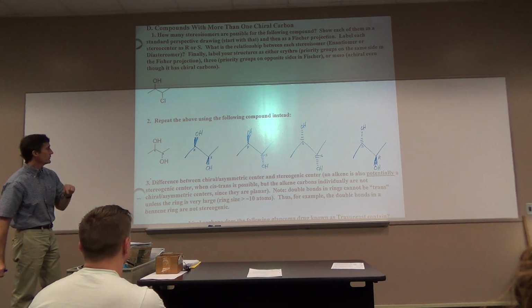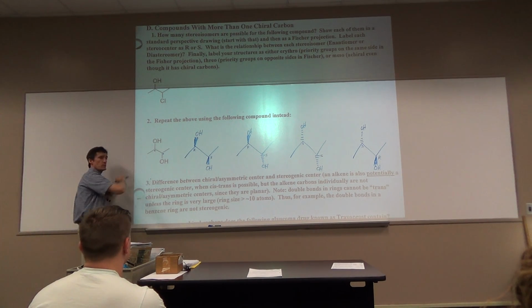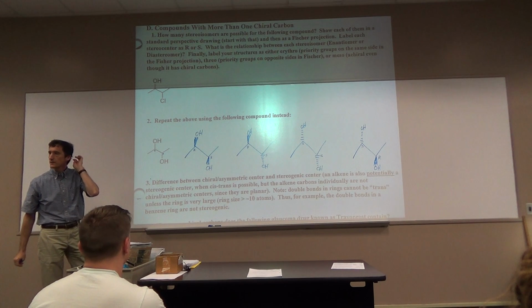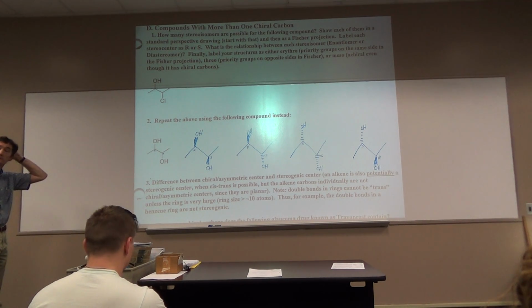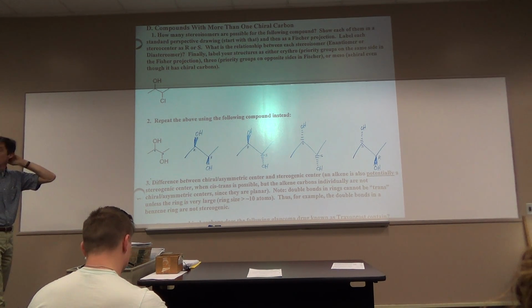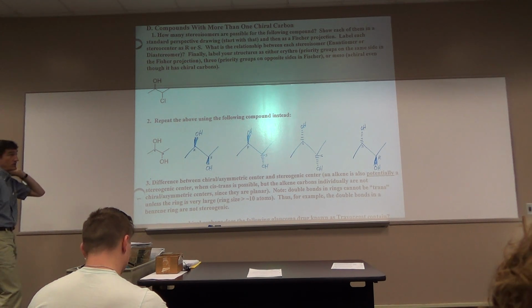How many compounds on the board? Well, go back here. 2 chiral carbons. What's the maximum number of stereoisomers? 4. 2 to the n, 4. Okay, well there's 4. Could you draw a 5th one up there? No. What about RR? Well, it's already up there.